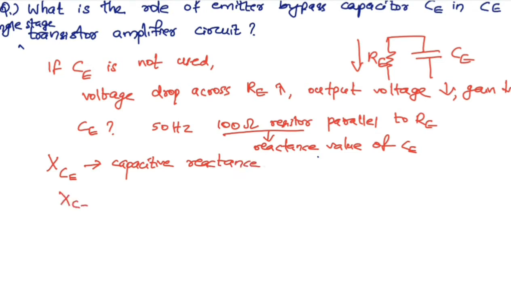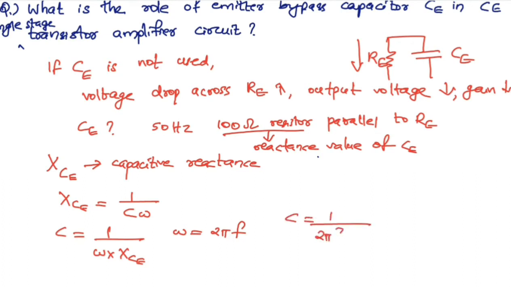Capacitive reactance is related to capacitance by the equation Xc equals 1 by C omega. From this we can find the value of C: C is equal to 1 by omega into Xc. What is omega? Angular frequency omega is related to the natural frequency as omega equals 2 pi f. Therefore C is equal to 1 by 2 pi f into Xc.